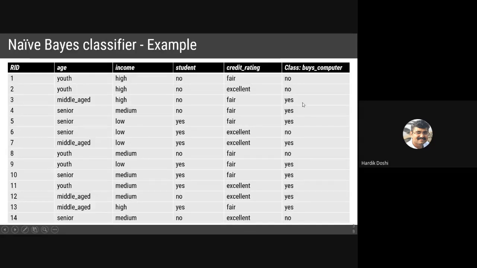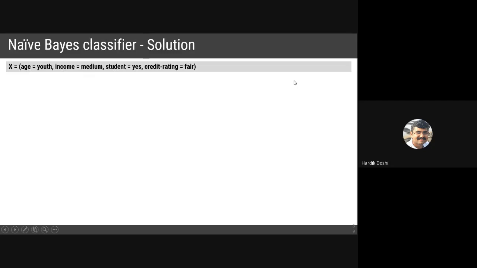How many yes? 1, 2, 3, 4, 5, 6, 7, 8, 9. So 9 people buy computers, and 5 people don't buy a computer. So 9 of 14 gives 0.643, and buys computer equals no is 5 by 14, so 0.357.